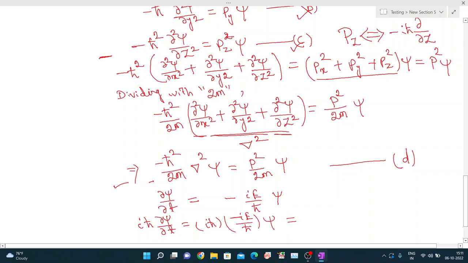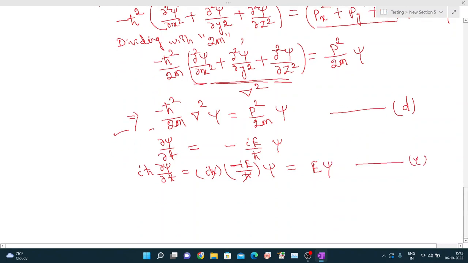So what is this? h cross cancels out, i square is minus 1, and this minus becomes plus, so this is E psi. So this is equation number E.